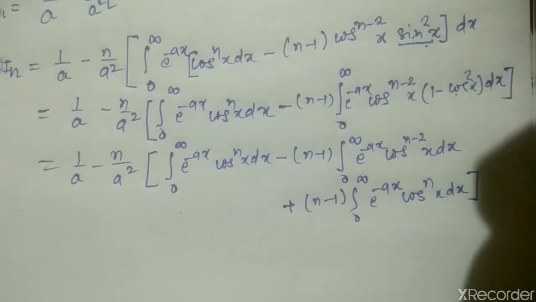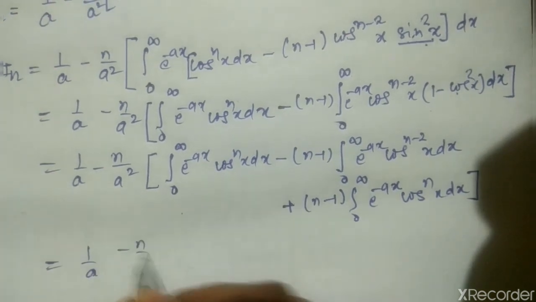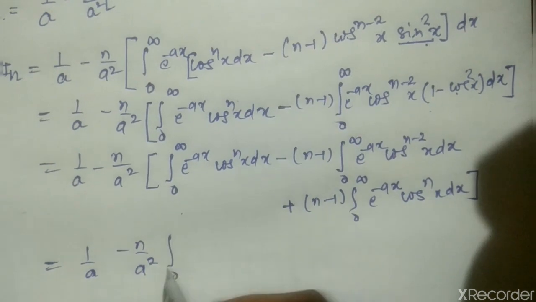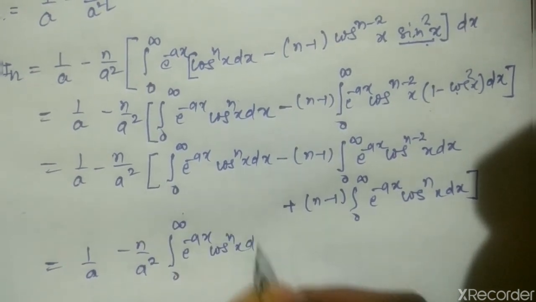Now just multiplying the value from here, what we get is 1 by a minus n by a square, integral from 0 to infinity e to the power minus ax cos nx dx, fine.